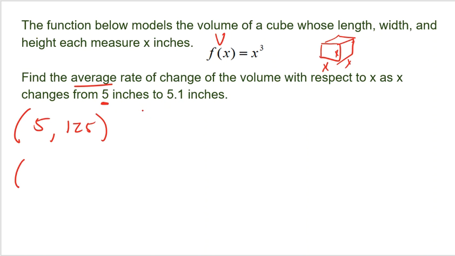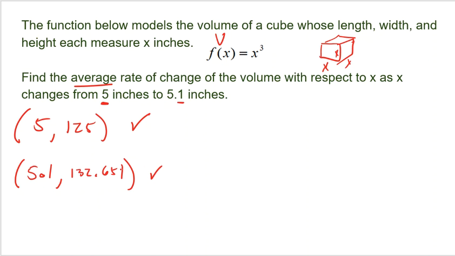But if I add 0.1 to my dimensions, I'm going to get a new volume. So 5.1 comma, and my new volume would be 5.1 cubed, which is 132.651.